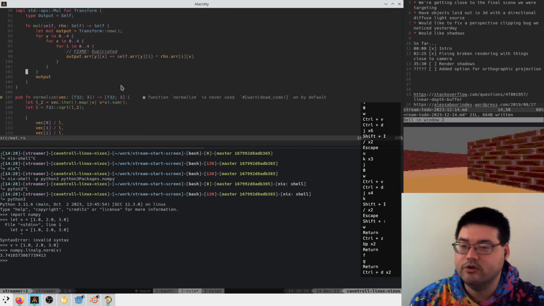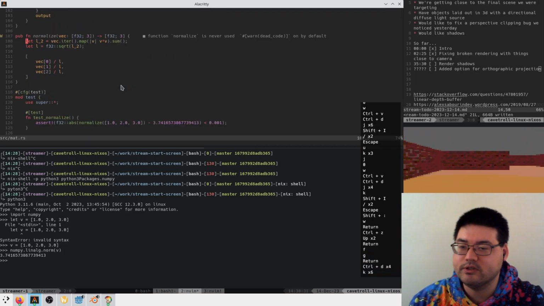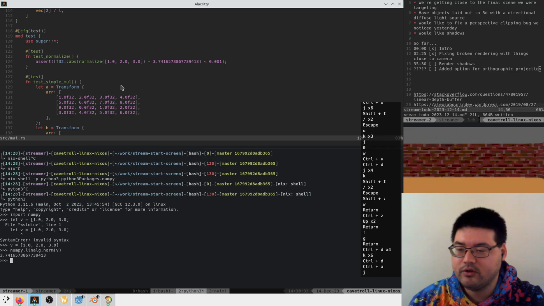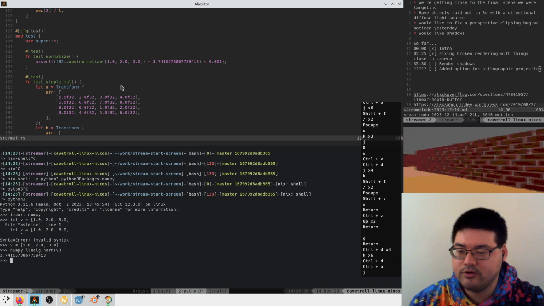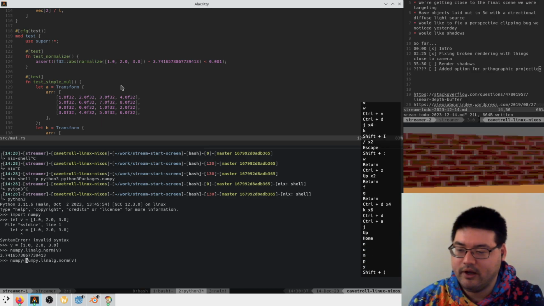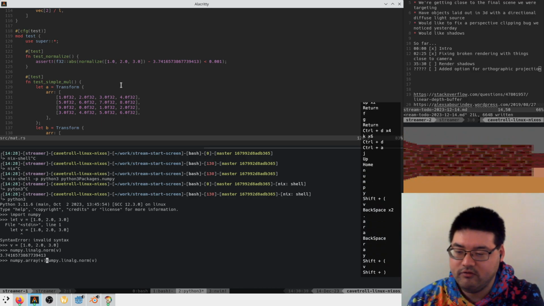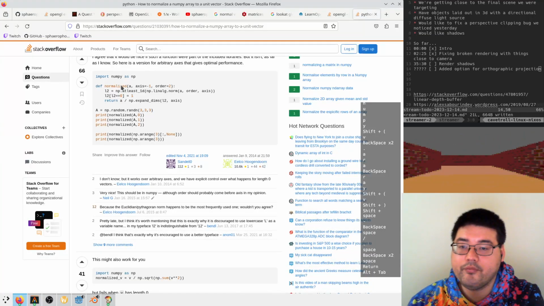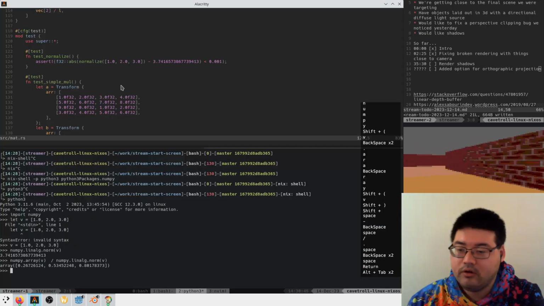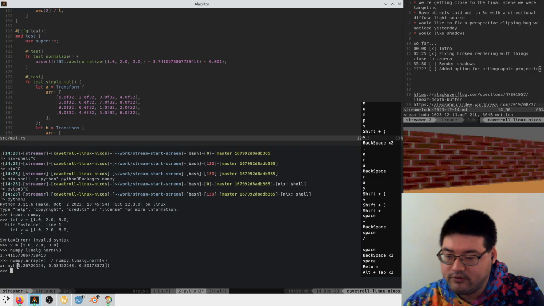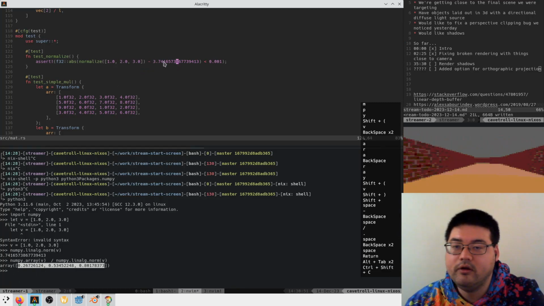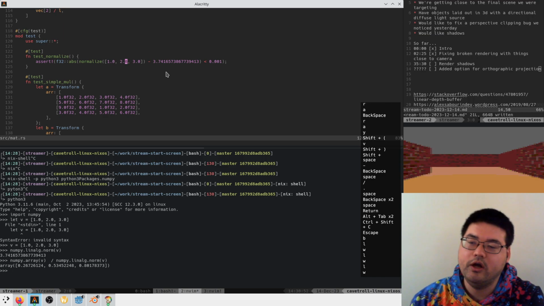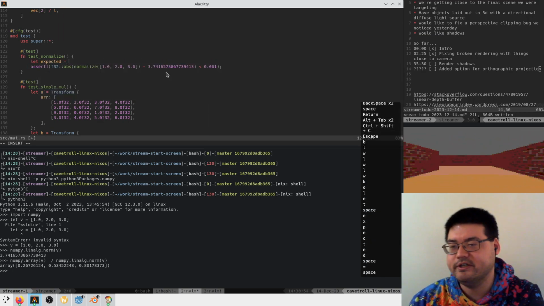Oops. So our normalize function is supposed to return a vector. Oh, so I guess I need to do numpy array v over this guy. Is that right? Does this look right? That looks kind of right, maybe. Expected is equal to this.